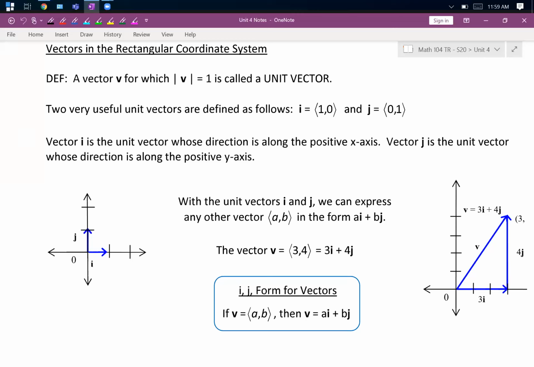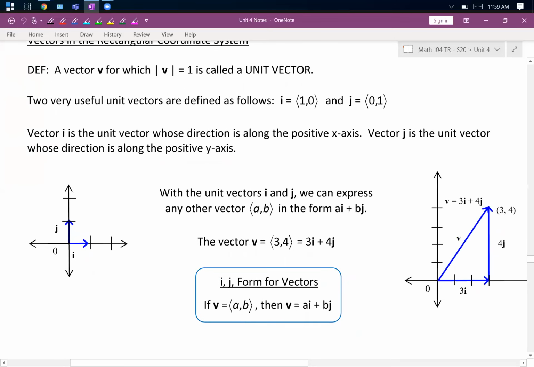We call it <0, 1> because it's ending at the point (0, 1). With the unit vectors i and j, we can express any other vector <a, b> in the form ai plus bj. So our vector v, which is defined <3, 4>, can be rewritten as 3i plus 4j.